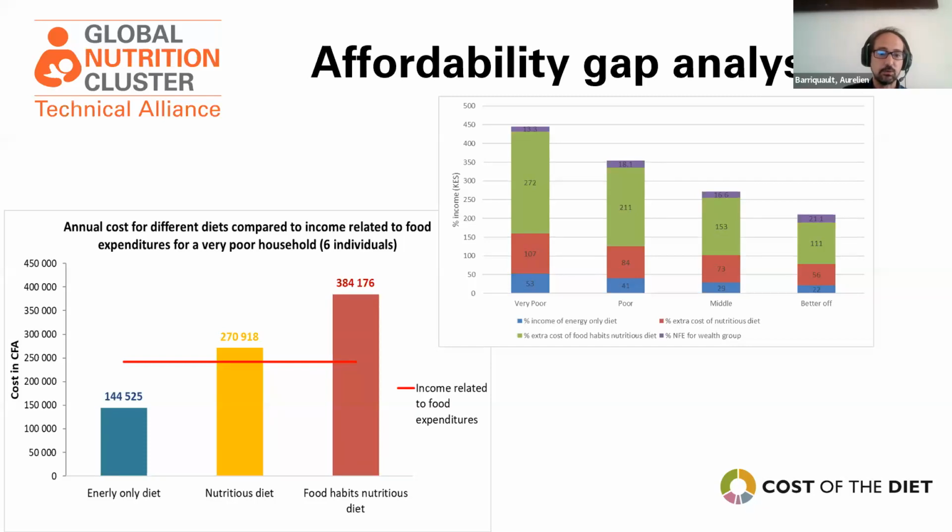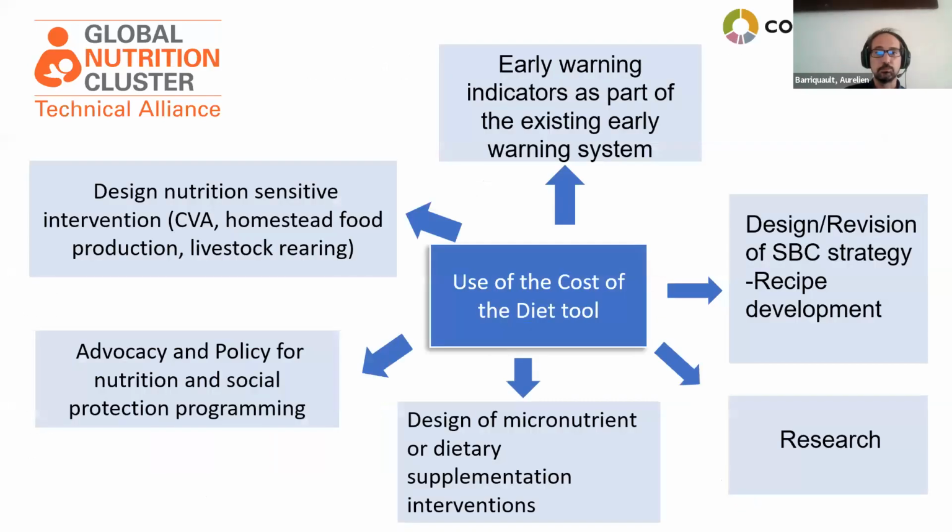For the nutritious diet, the yellow histogram, we can see that this very poor household cannot meet the cost of the nutritious diet, and the gap is even larger for the food habit nutritious diet. Here we put the example of 6 individuals because it's the average size of a typical household. This was done in Burkina Faso, and this is also based on the standard they use for cash transfer programming. Next slide, please.